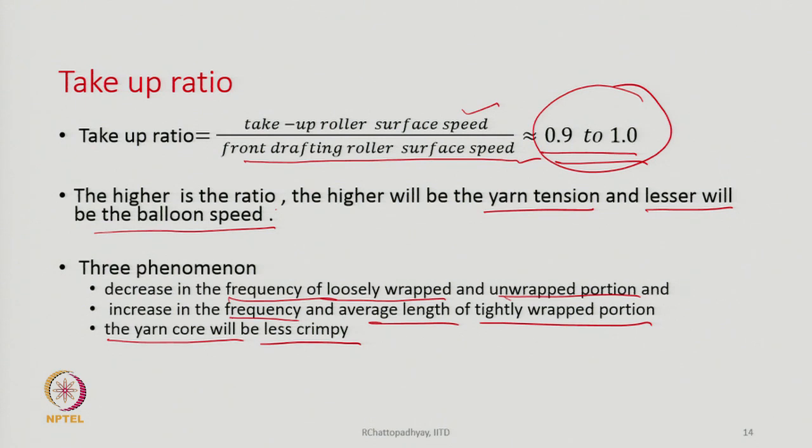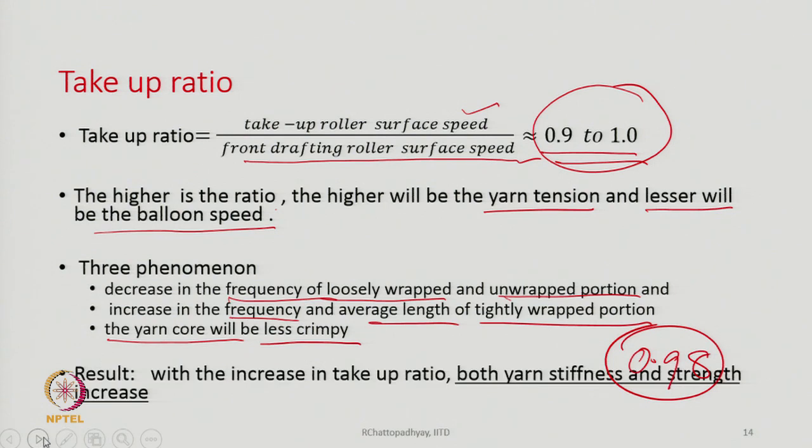It is always a little less than 1. Within this, typically people keep a ratio of 0.98, and they have found that this ratio gives a good quality yarn. Sometimes it could be 0.96 also.